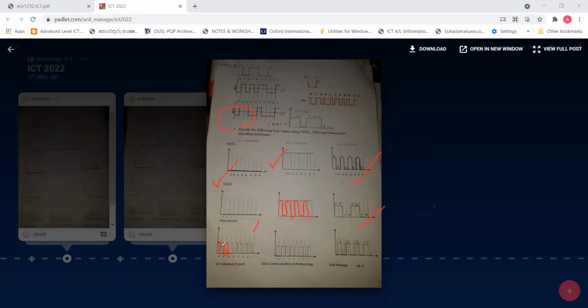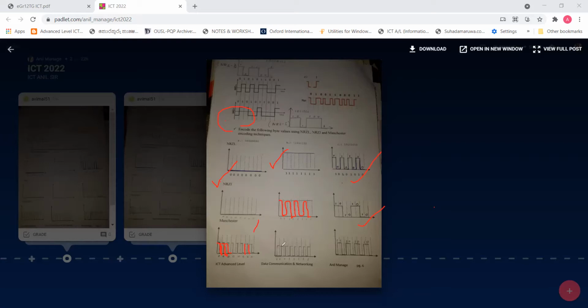Then you have to draw the line between them and connect. Right? So for 1, even you have to draw it something like this.